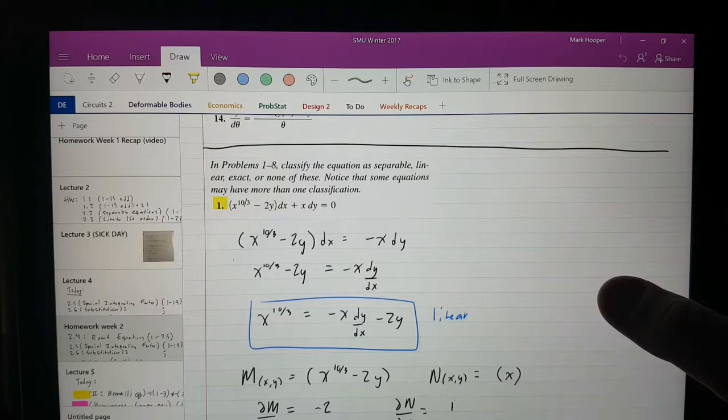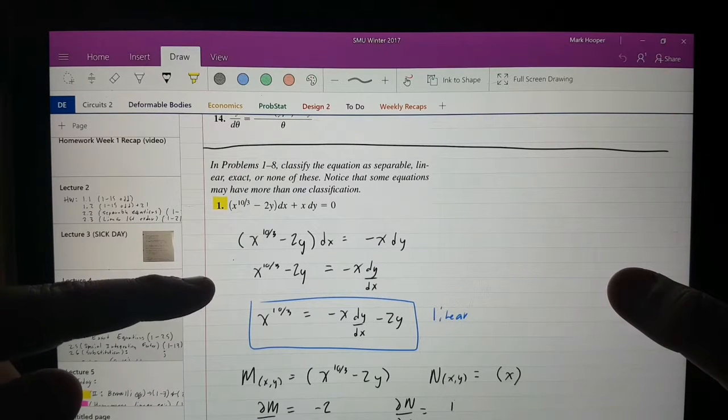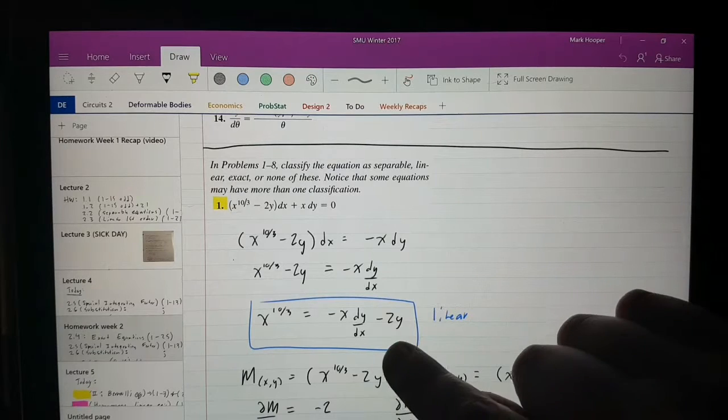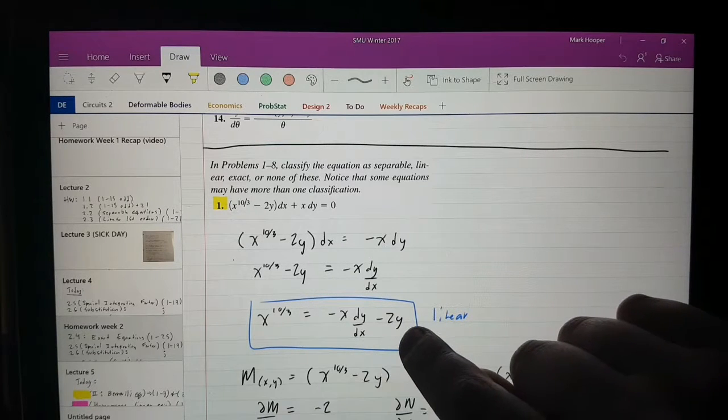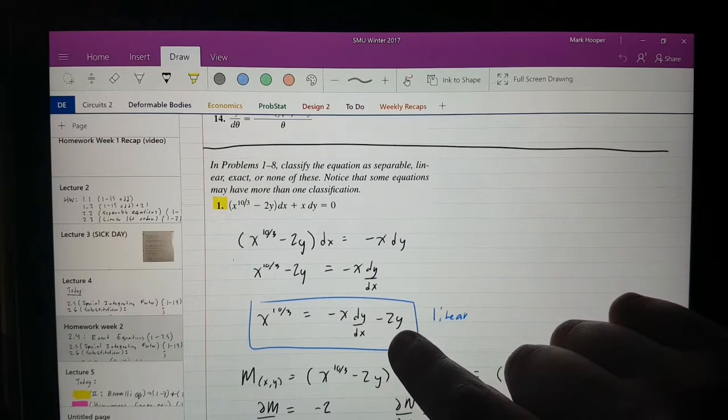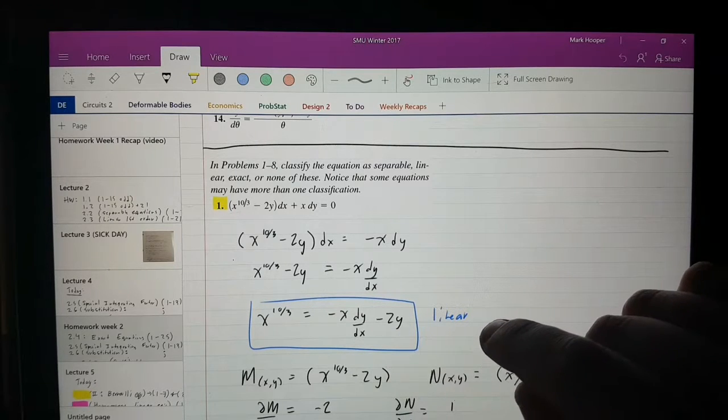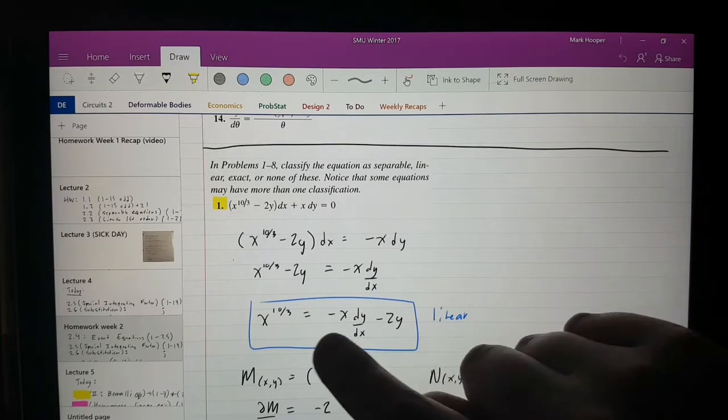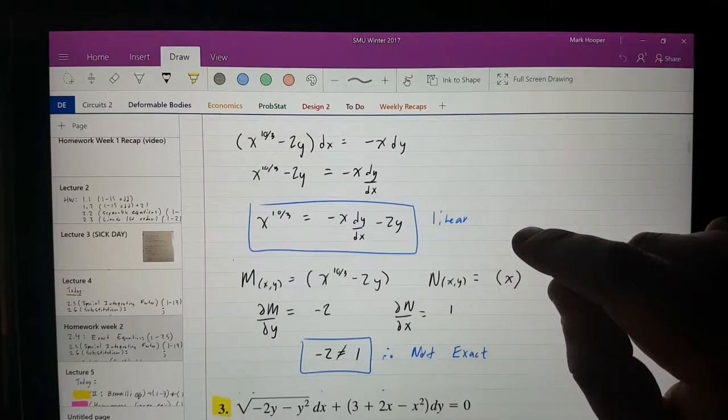because you can take y over to the side, and then get dy/dx over here, so you have y prime and a y times a function of x. In this case it's just -2, but it still works, and it's equal to a function of x, so that's linear.